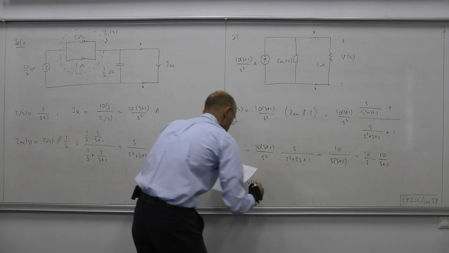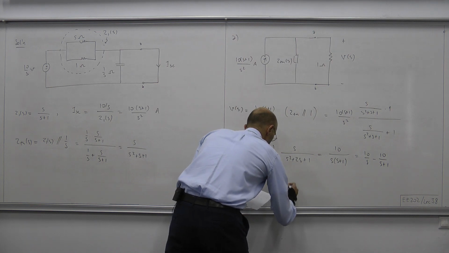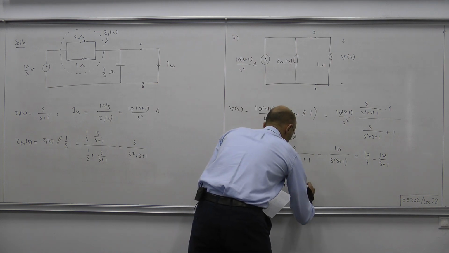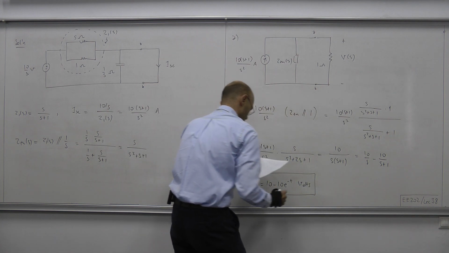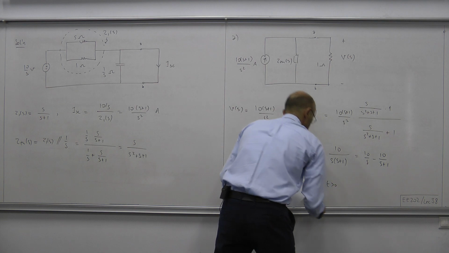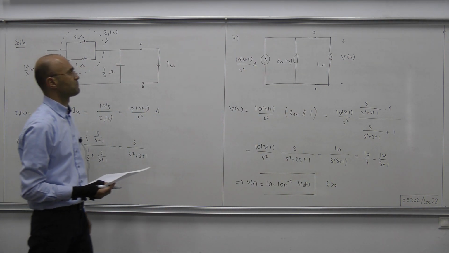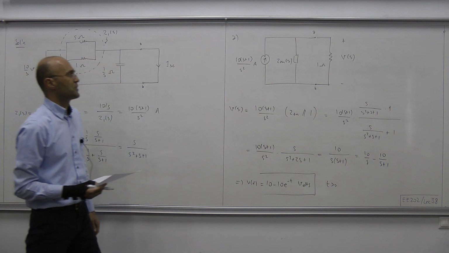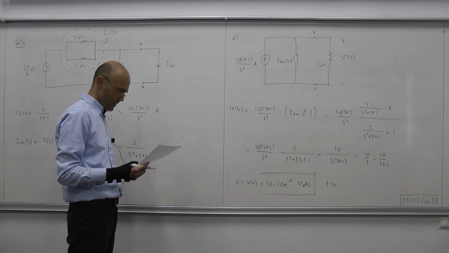V of T equals 10 minus 10 times e to the minus t volts for T positive.